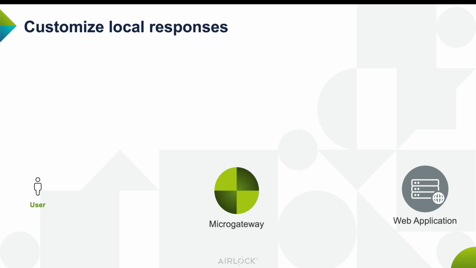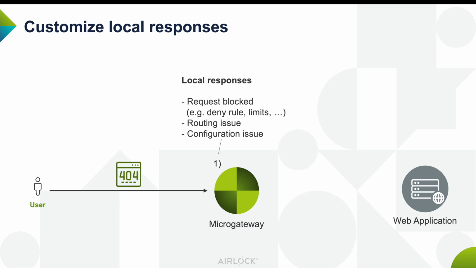The following slide helps to illustrate customization of local responses. The user sends a request to Microgateway for a website. Microgateway responds with an error page. Possible reasons are that the request is blocked, or a routing or configuration issue. Now it's possible to configure a custom error page with the desired look and feel.